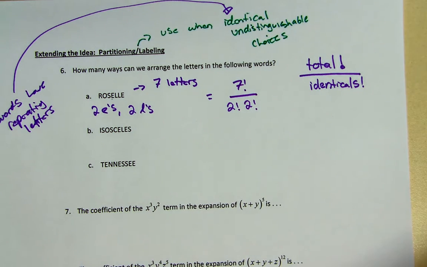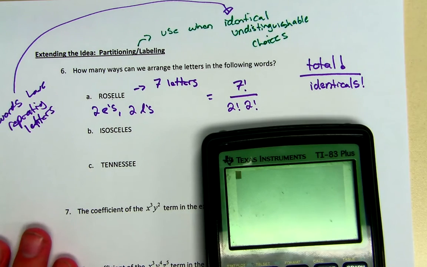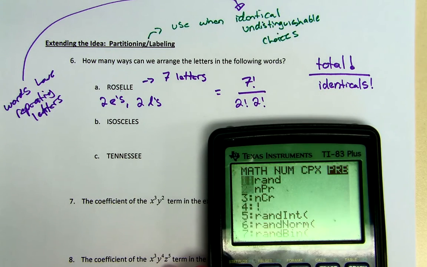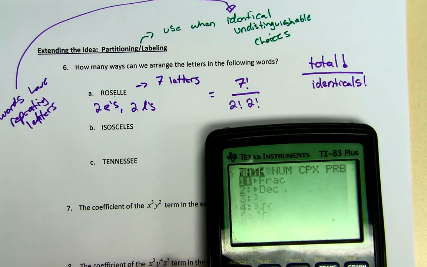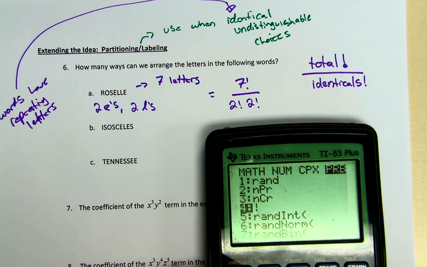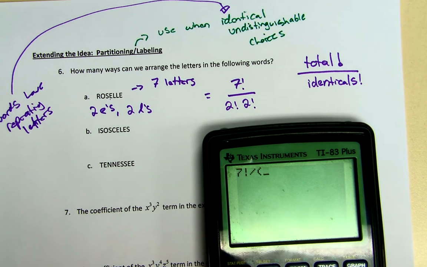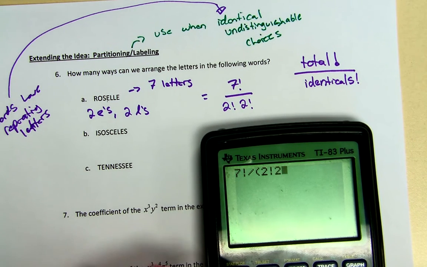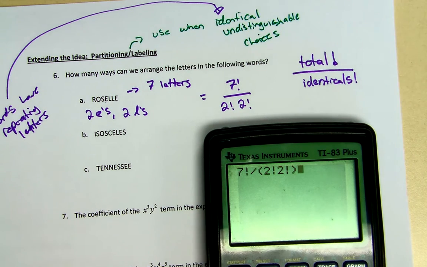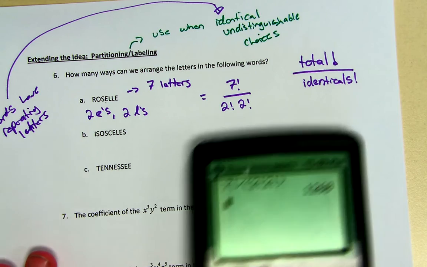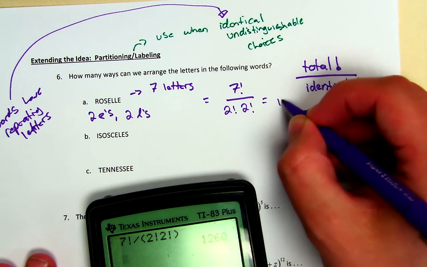Alright, so figure that out. You're going to do 7 factorial, and in this case, divide out. Now put parentheses around your factorials. Oops, I forgot to put in the 2. And another 2 factorial. So math, probability, factorial, close your parentheses, and you get 1,260.